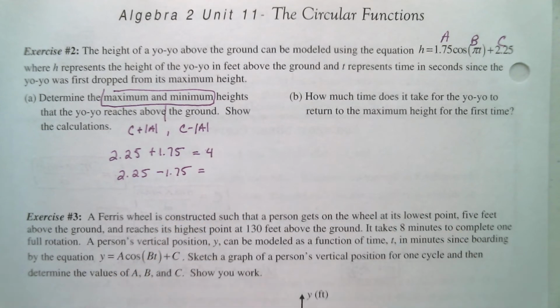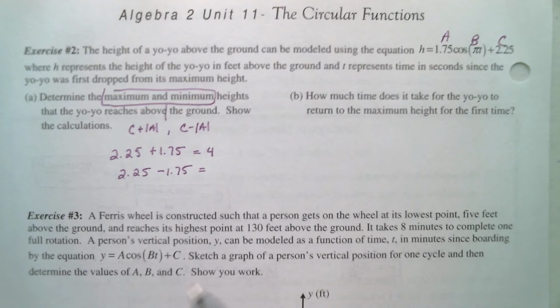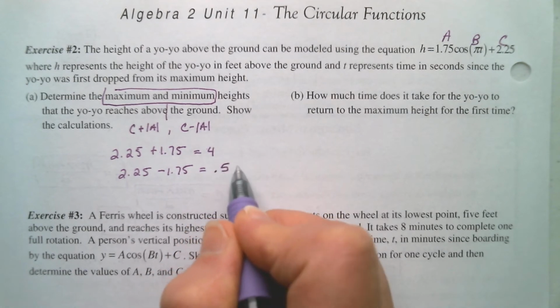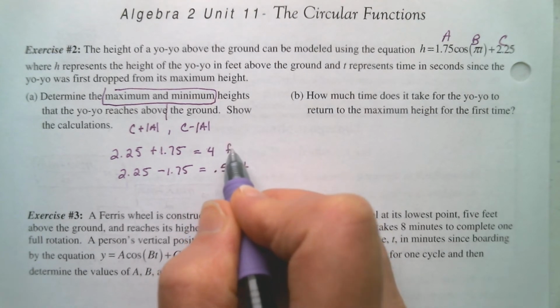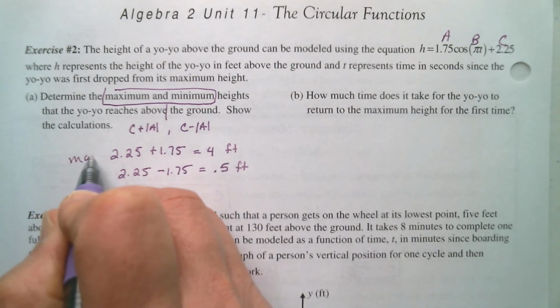I think of dollars and cents. 2 1/4 subtract 175 is going to be 50 cents, or 0.5 feet. I should label max, min.